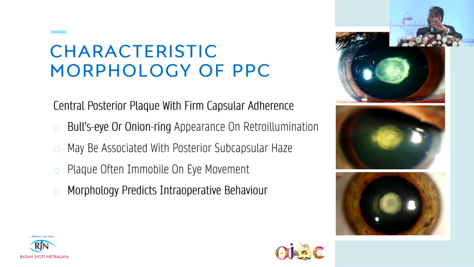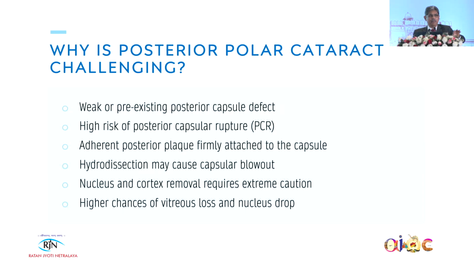This is the morphology, the look of these cataracts, bullseye or onion ring, as they say. And it predicts the intraoperative behavior. When you see it on the slit lamp, that will tell us how this cataract is going to behave during the surgery, whether there will be a pre-existing rent, or a rent will occur when you are doing irrigation aspiration or the phaco procedure.